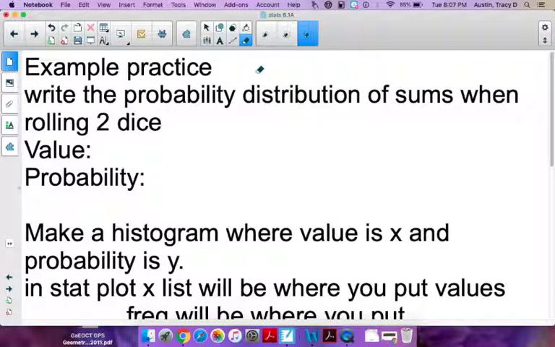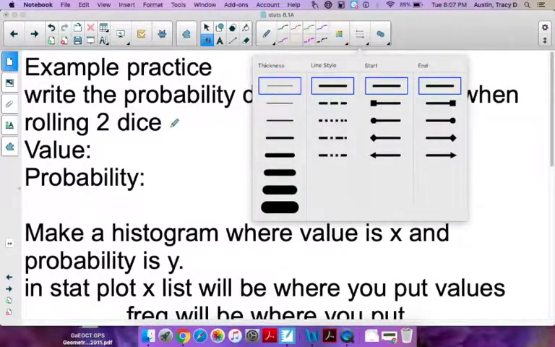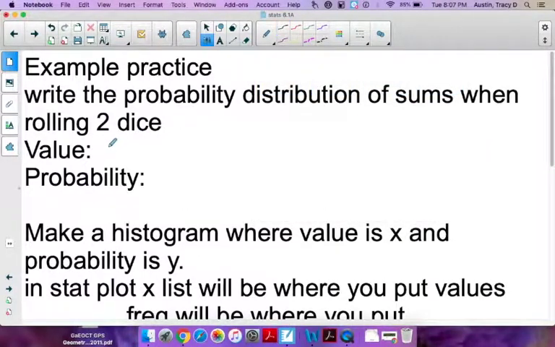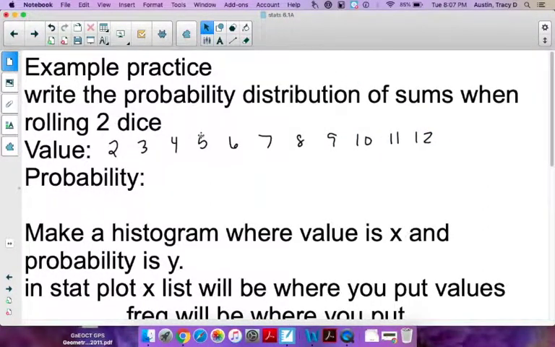Okay, so we did this one already, and I'm just going to go ahead and fill it in. We should know what these outcomes are from the last chapter. When you're rolling 2 dice, you can get 2, 3, 4, 5, 6, 7, 8, 9, 10, 11, and 12. Those are your possible outcomes.